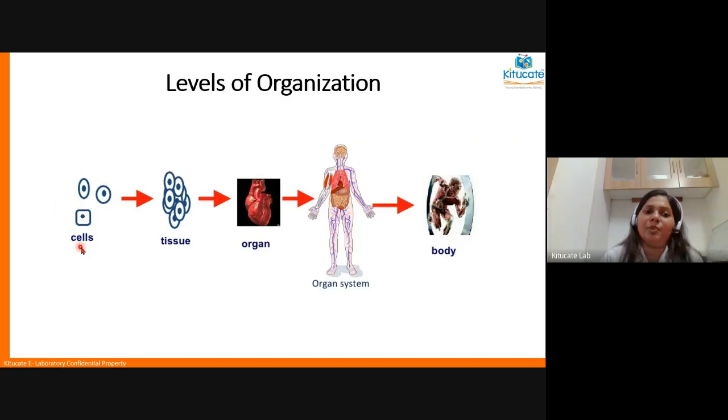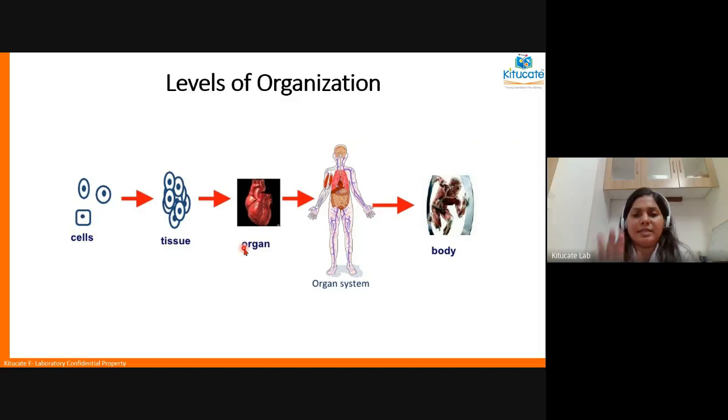Some were unicellular, then they started growing and we got multicellular organisms. Then their features developed. That's how the evolution of living beings has taken place, and that's how we get this level of organization for living beings.